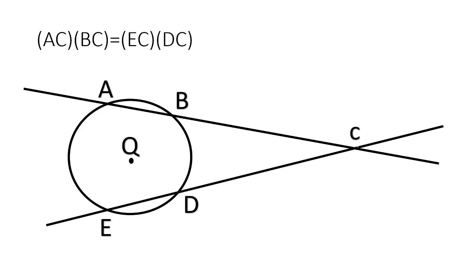These two secants intersect at point C, which is outside of the circle. So we have AB times BC equals EC times DC. Now, another way this could be written, if you think about it, is AC times BC equals EC times DC.